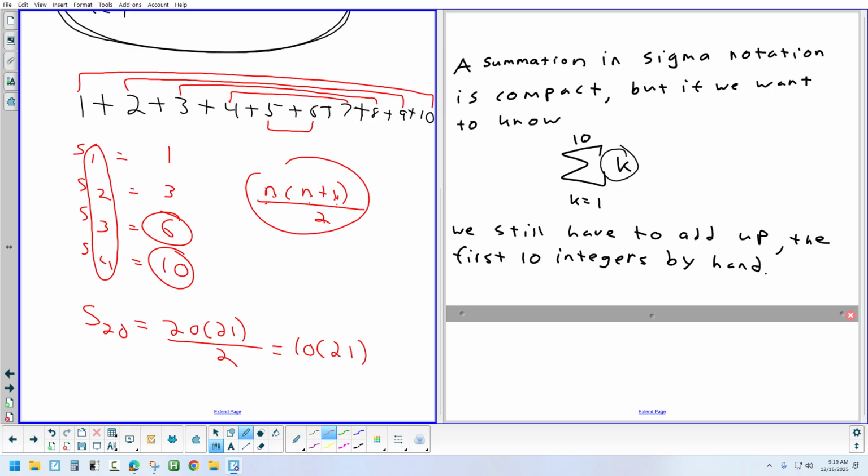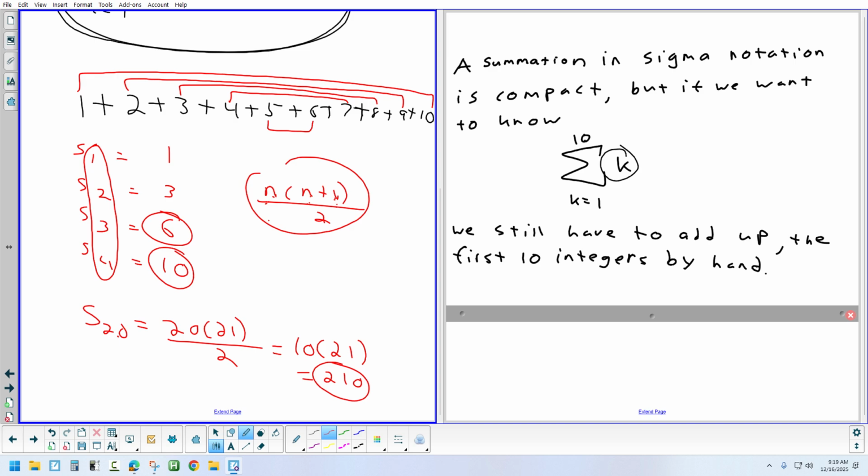And what's 10 times 21? 210. So as long as that formula works, which it does, we can add up as many of these numbers as we want, and I didn't have to add anything by hand. I was able to add up the first 20 terms by just filling in the number 20 into a formula.